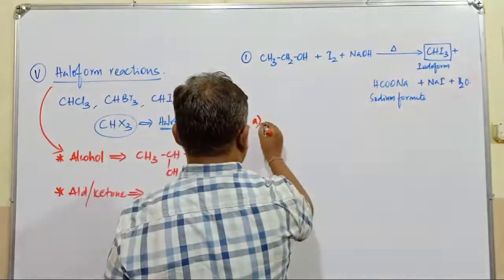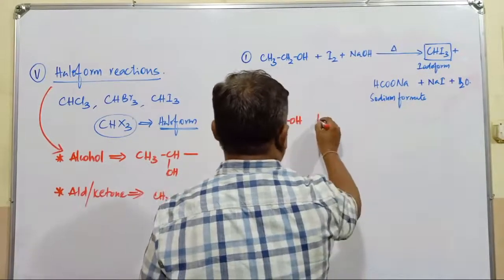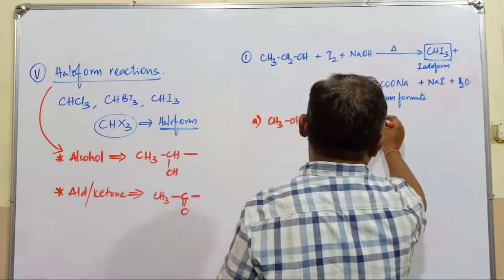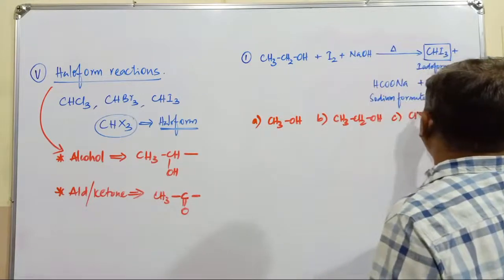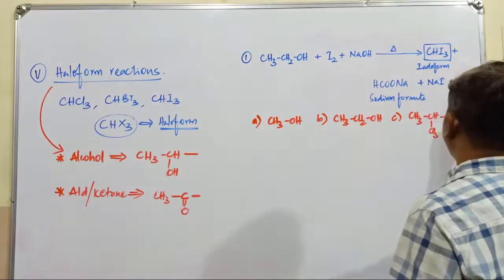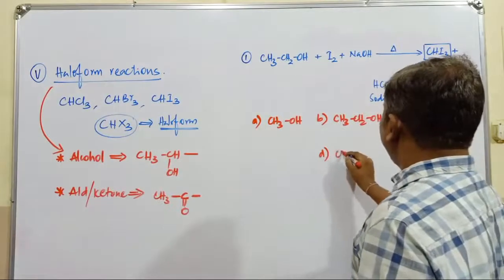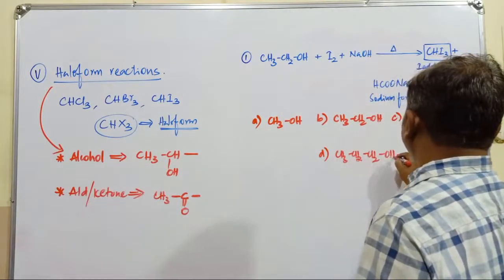Suppose I go with some compounds: CH3CH2OH, next one CH3CH(OH)CH3, next one CH3CH2CH2OH.